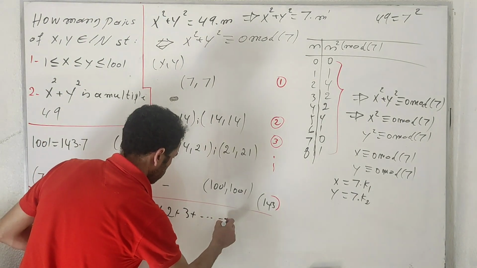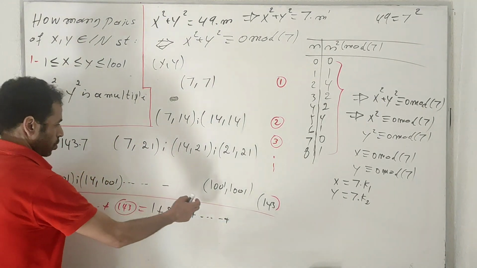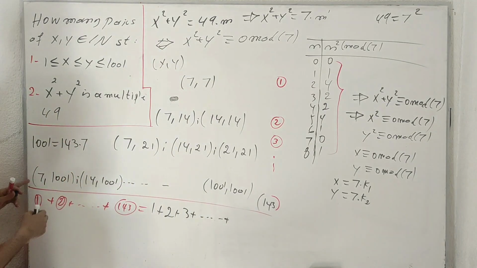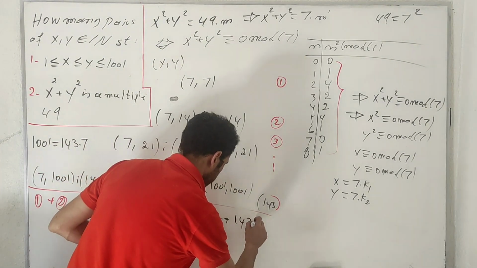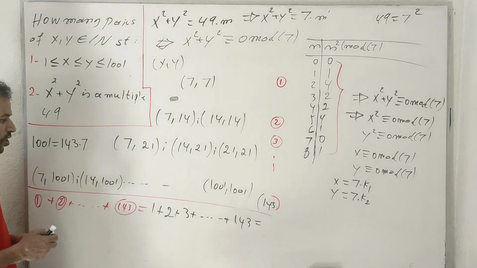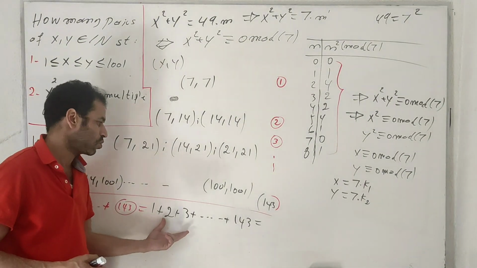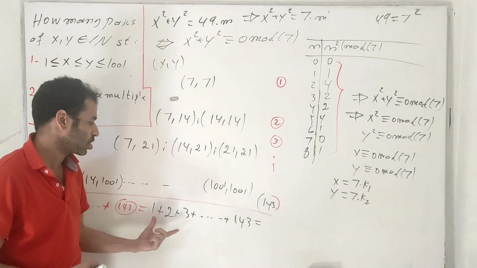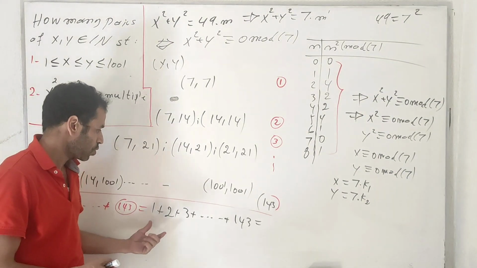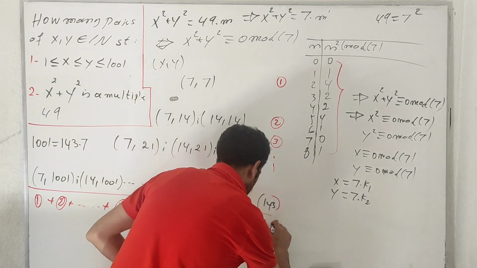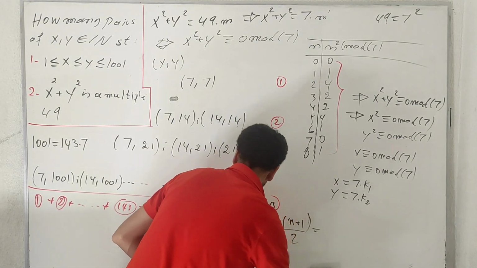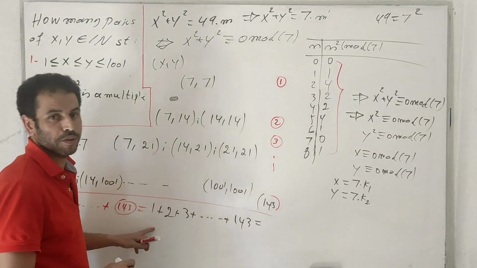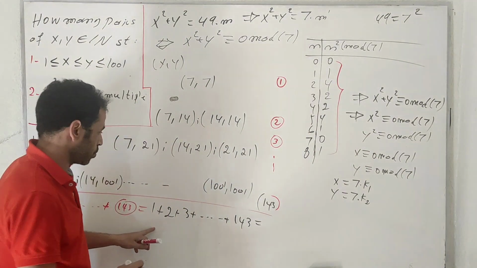This keeps going all the way down until you get the last column, which has 143 pairs of the solution. There is a very famous and known formula for this one. It is the triangle identity: n multiplied by n plus 1, divided by 2.